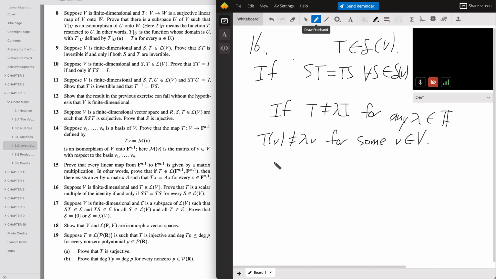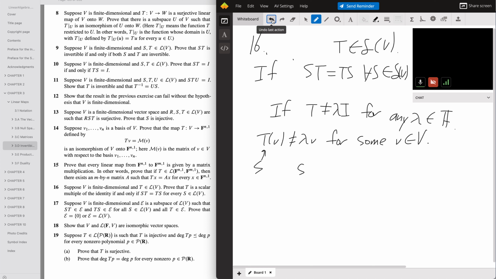Okay, let's see. Well, how can I construct S so as to break this, so that ST is not equal to TS?